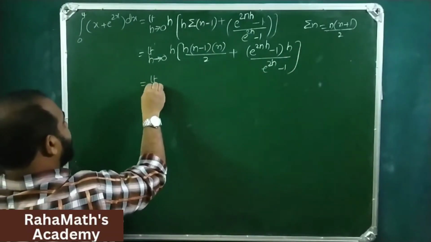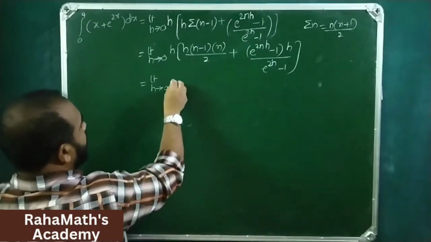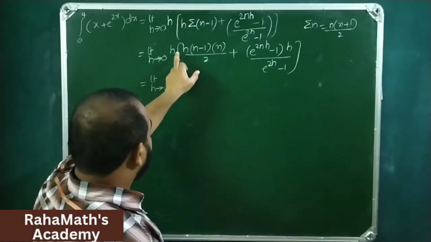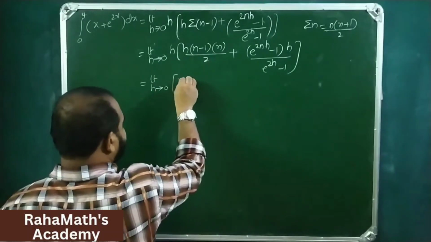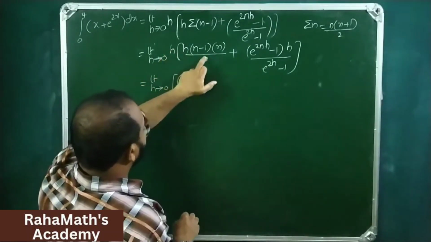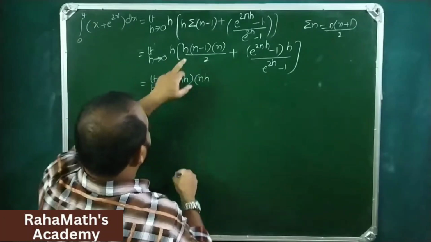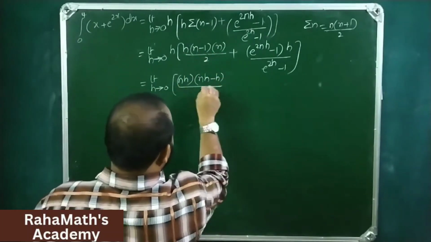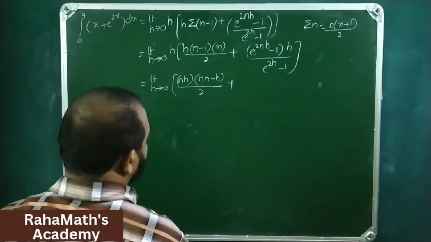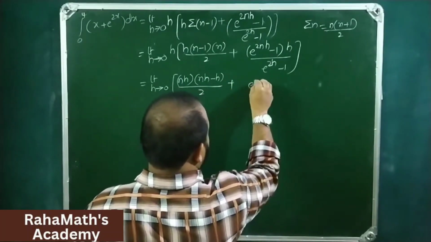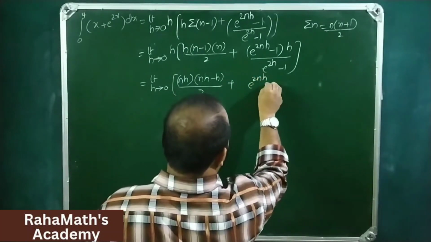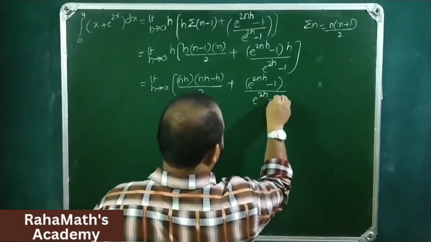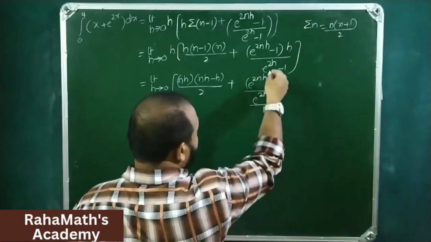This equals the limit as h tends to 0, with h brought inside. So h into n is nh, and h into (n minus 1) is nh minus h, by 2, plus (e^(2nh) minus 1) by (e^(2h) minus 1), this into h, that is 1 by 1 by h.